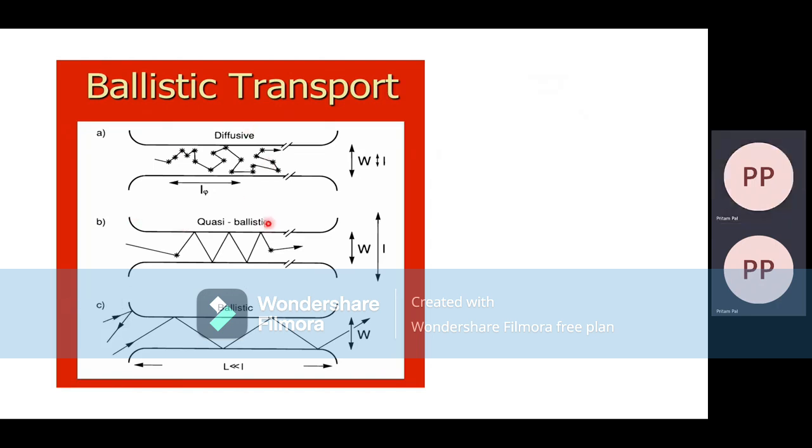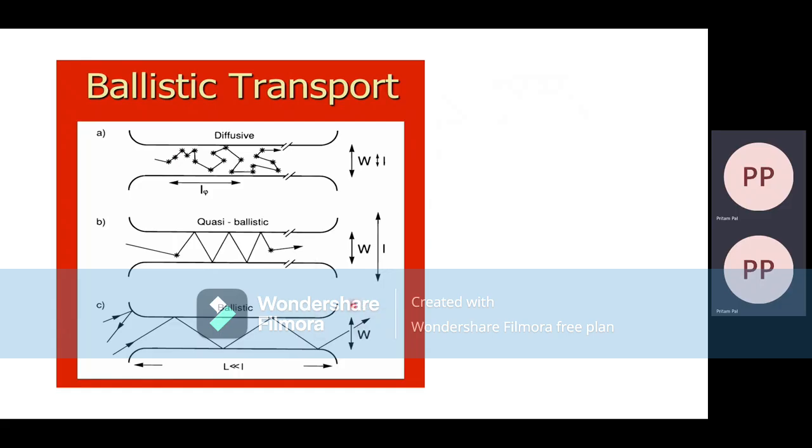For the diffusive regime, the electron would experience many scatterings, as usual, while traveling through the wire depicted here.